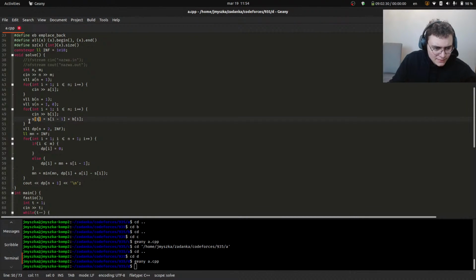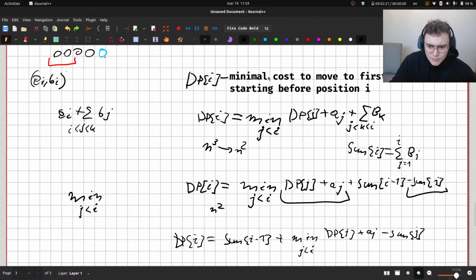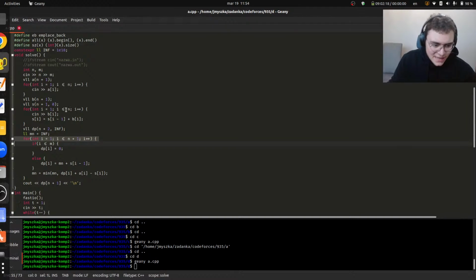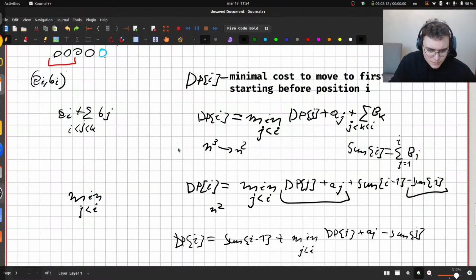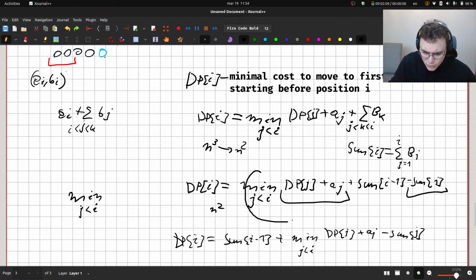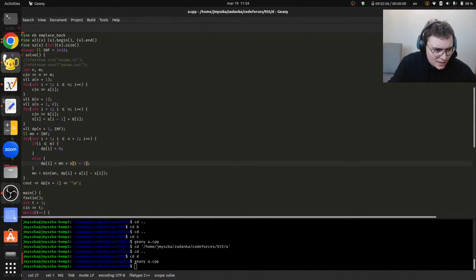So basically what I'm doing, I'm calculating prefix sums here, and I'm calculating my dp. If i is smaller than m, then the minimal cost to move to the first m positions is 0, because I am already here. Otherwise, it's this minimum plus si minus 1, right?